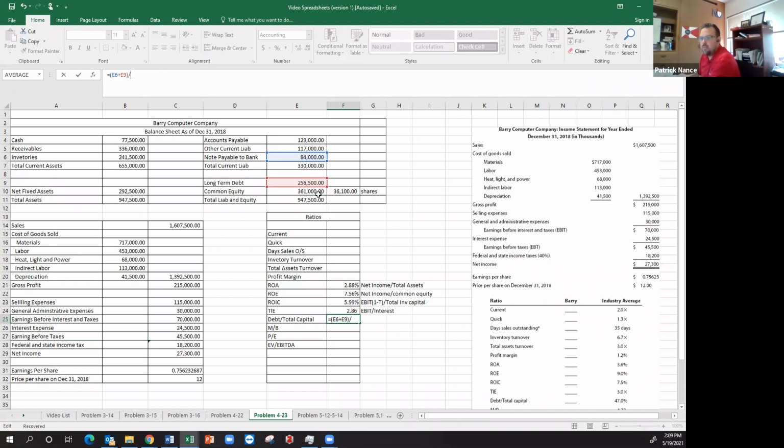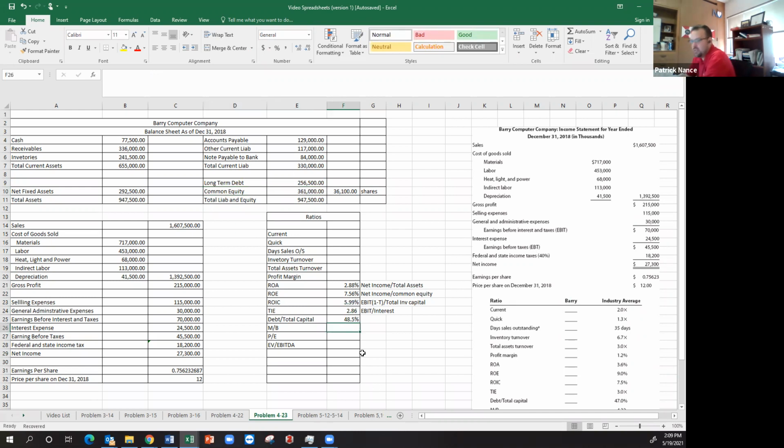So basically the same thing I did before. Let's see if this is right. It's a 0.49. So this one shows me that of the equity in my business, 48.5% of it is debt, and the remainder is common equity in this case.